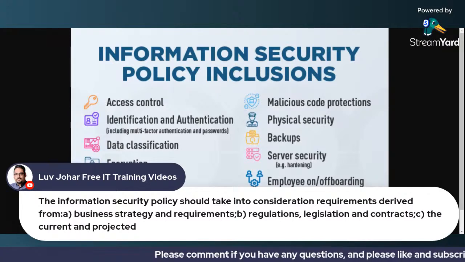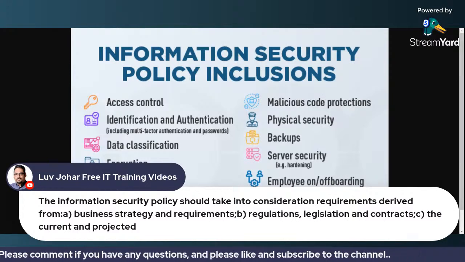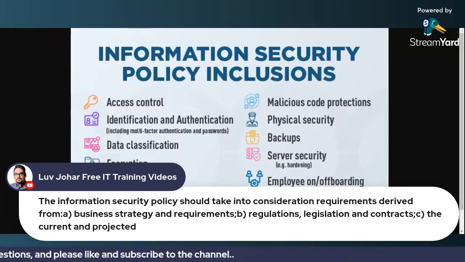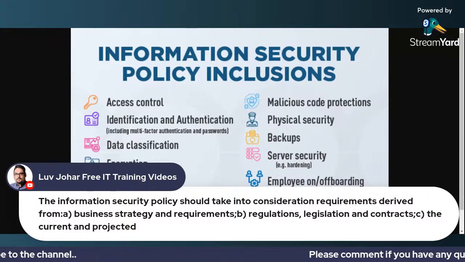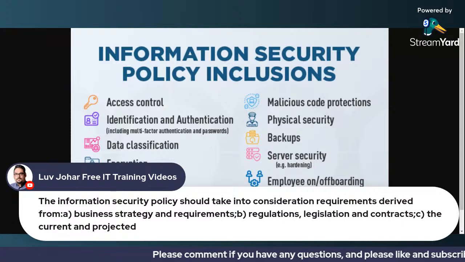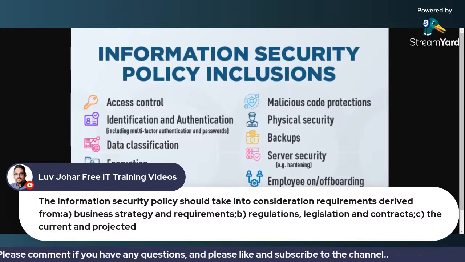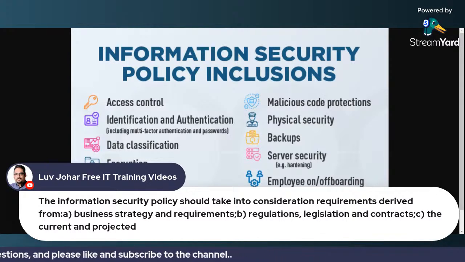What are the regulations you have to comply with? What is the legislation? And if there are any contracts that bind you to follow a certain information security protocol, you have to mention that in this information security policy. This is very high level, we will go into depth as well.